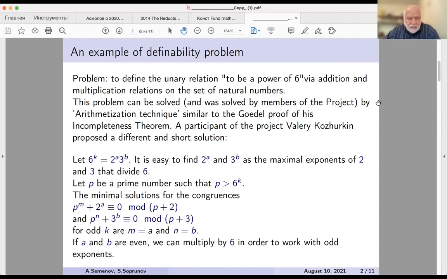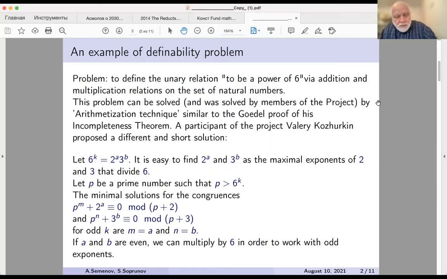Because p is a very big number, the minimal solution for this will be in the case where a equals m and n equals b. And so we have for this p the solution for the problem.